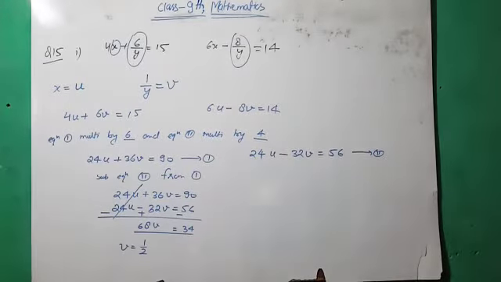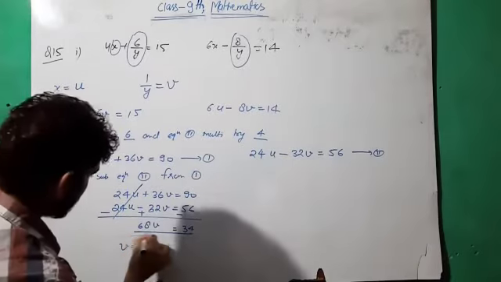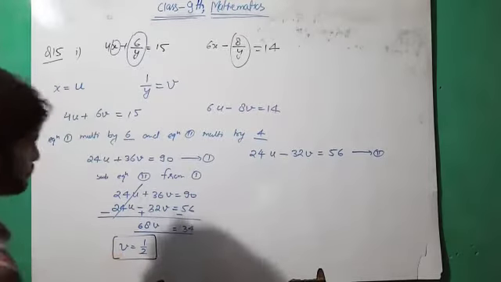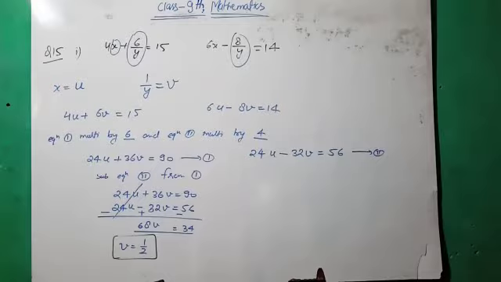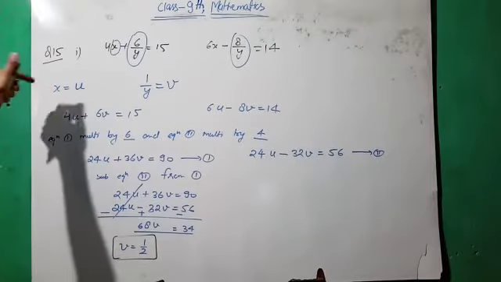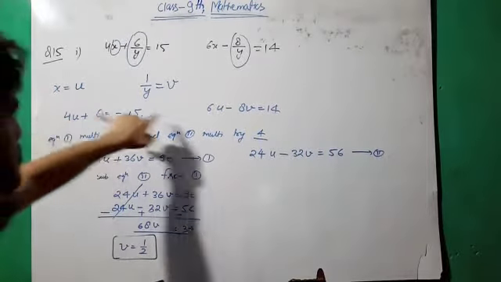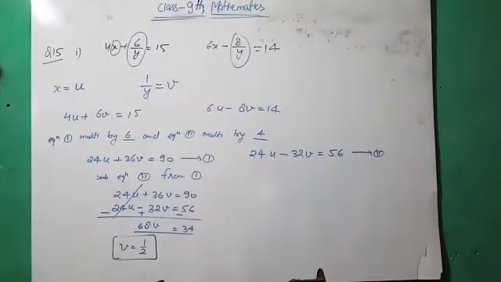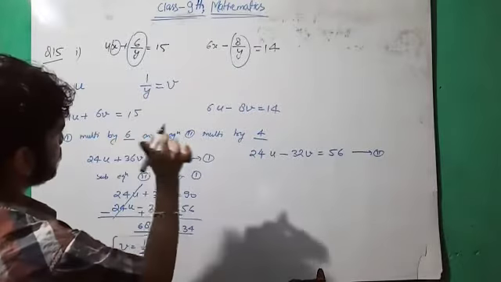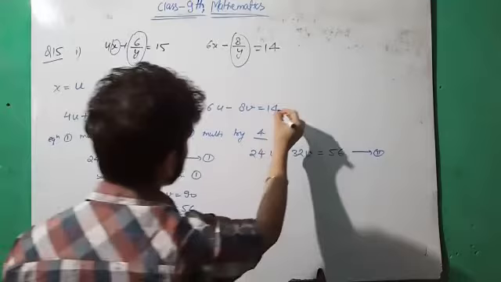Now v becomes 1 by 2. And what about u? Now we have to find the value of u from one of the equations. You can choose any, and this is the simple equation.